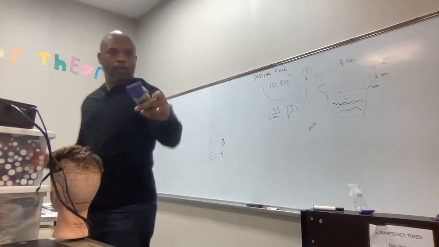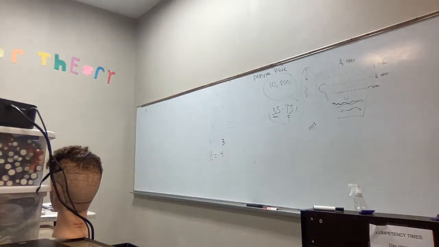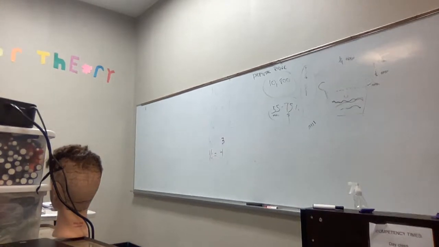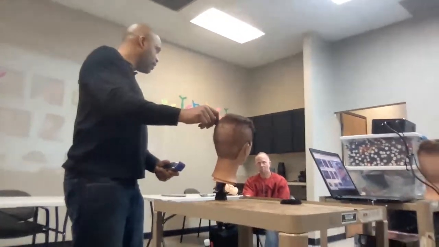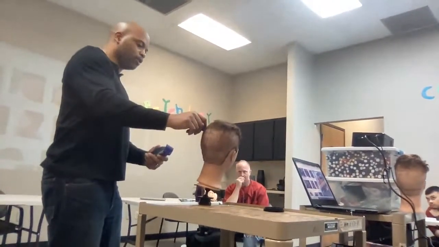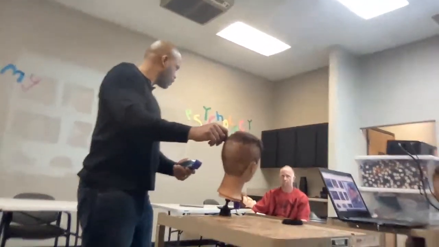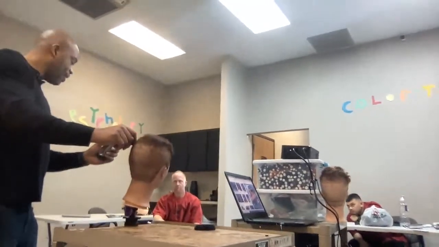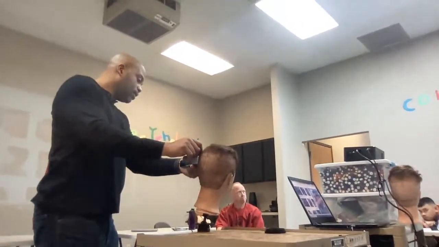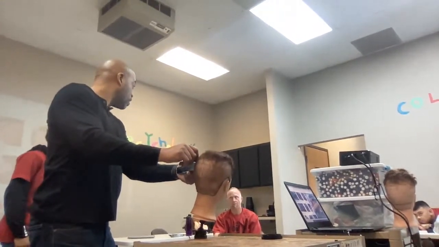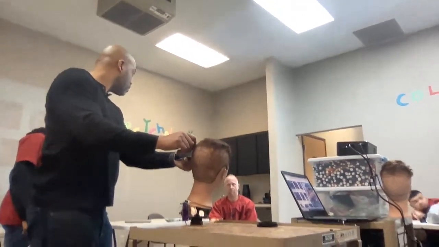So keep swinging it around. If on this haircut, everybody see right here, if I'm on this piece of hair, come around so you can see it, Trishan. I'm on this piece of hair right here, and I have 1/16 on with the wide teeth, then I'm essentially using what to blend this? 1/4.